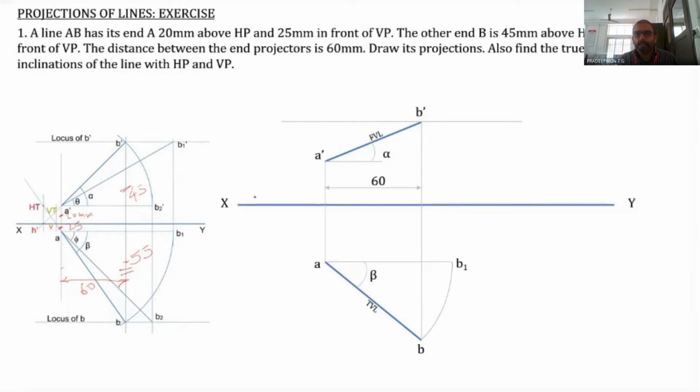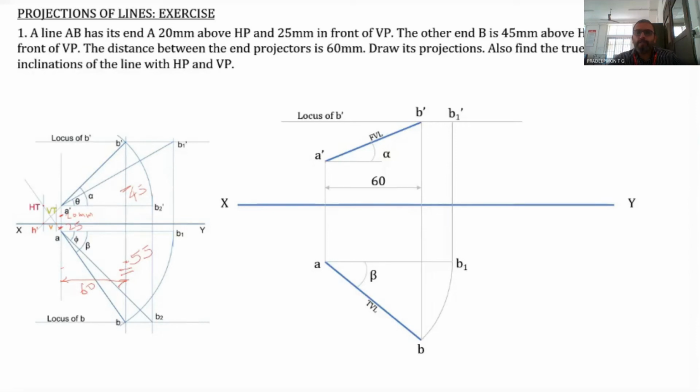The XY line is here, and a line parallel to the XY line passing through B dash is drawn here. From B1, draw a projector to the locus of B dash. So here B1 dash is obtained.